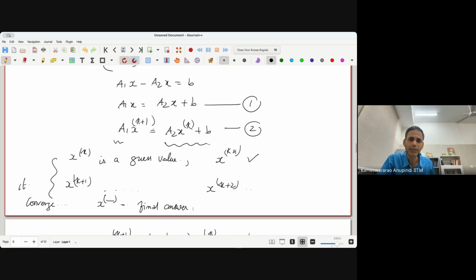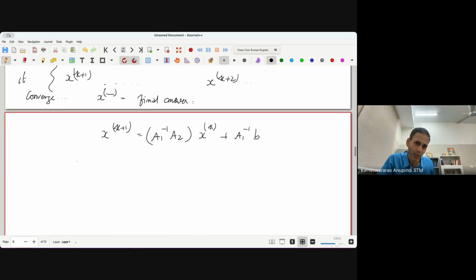If I subtract 1 minus 2, what am I going to get? Let me denote the error involved as epsilon k at any step k. If x bar is the exact solution, the error is x bar minus x bar k.